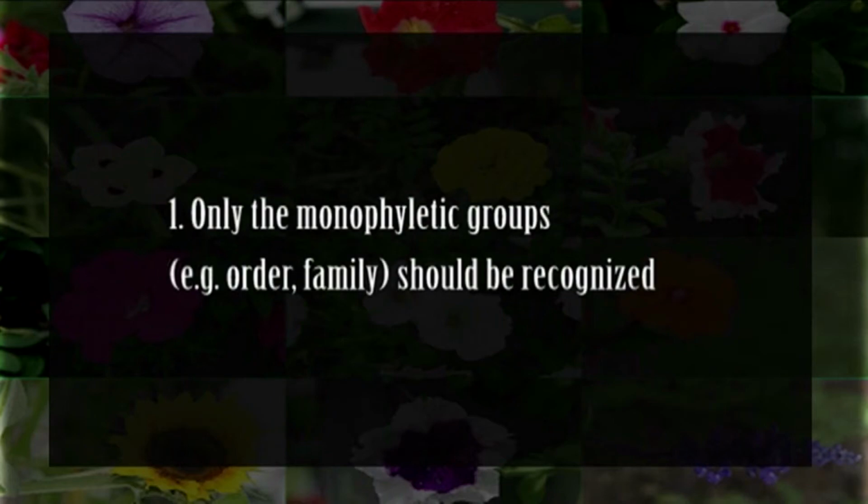The main principles that have been proposed for the APG classification are: number first, only the monophyletic groups, for example, order and family, should be recognized, that is, consisting of all the descendants of a common ancestor.